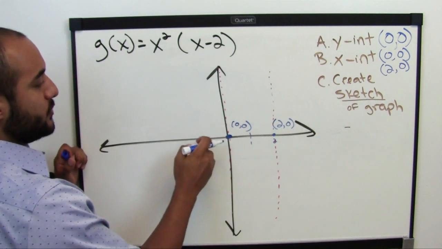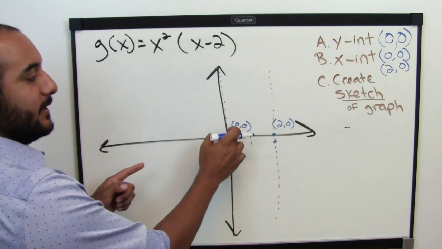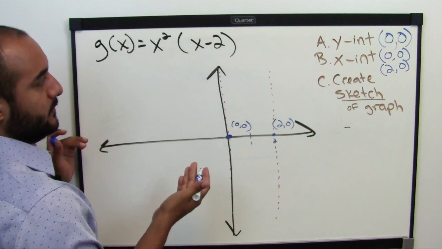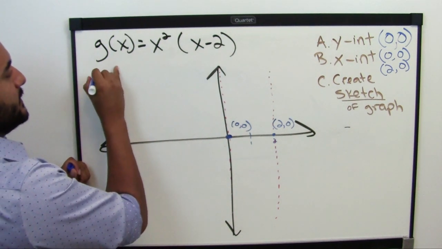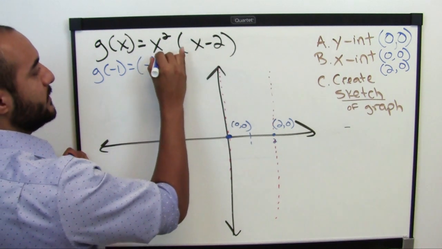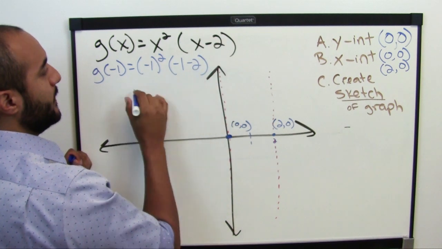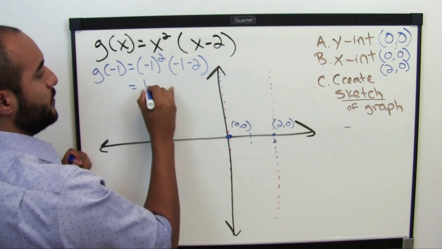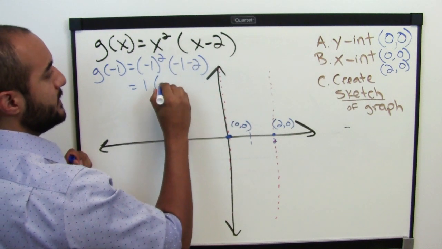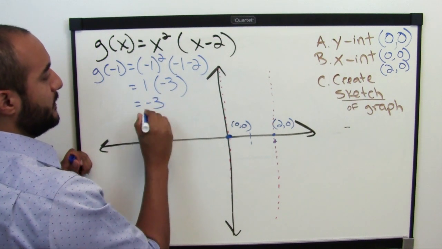If I choose any number here, I need an x that's less than 0. So let me just choose -1. If I substitute in -1, let's see what's happening. -1 squared times -1 minus 2. So -1 squared is 1, times -3 gives me -3.